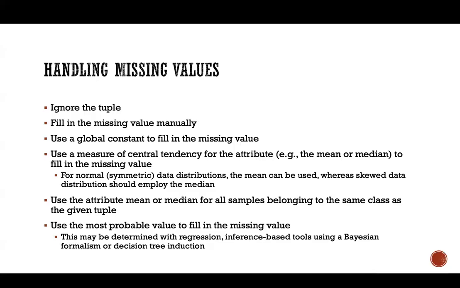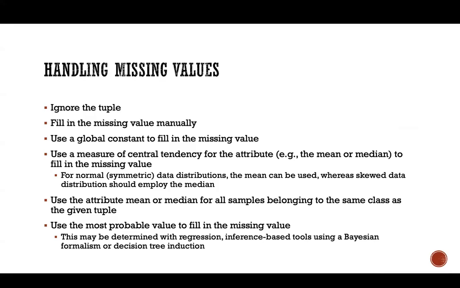Sometimes we can fill the missing value manually, but today with such large databases and data sets, we really cannot imagine manual filling in as a feasible option. So we don't necessarily have that option oftentimes. You can use a global constant to fill in the missing value. Sometimes they just put 99999 for every missing value for, let's say, sales revenue, and that becomes sort of a code.